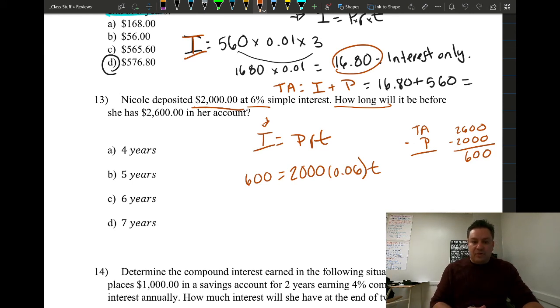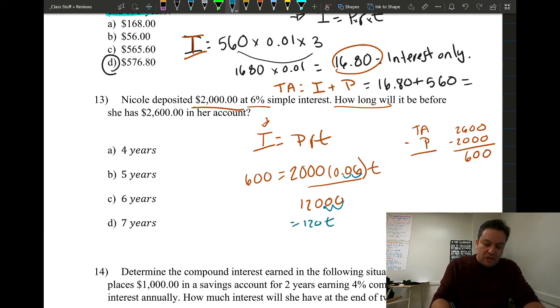Okay, so you have to do a little bit of digging before you actually find the interest, and then we can work this backwards. So first of all, multiply these two. 2 times 6 is 12,000, and then move the decimal 2 places, or you can just go ahead and do the whole division all together. So you're gonna have 120 T equals 600. The last step, I have an equation, a variable with a constant, and then all I have to do is divide by 120 on both sides.